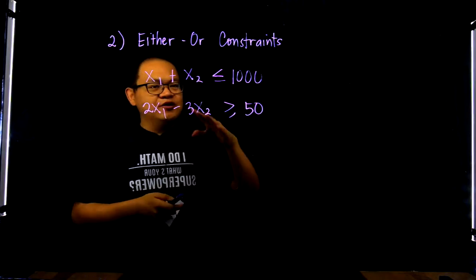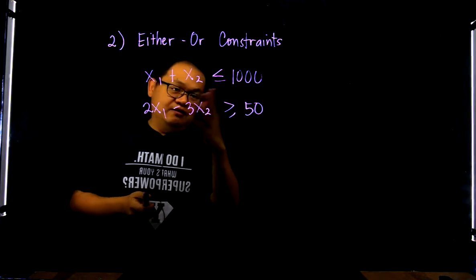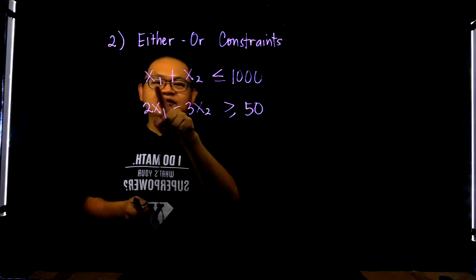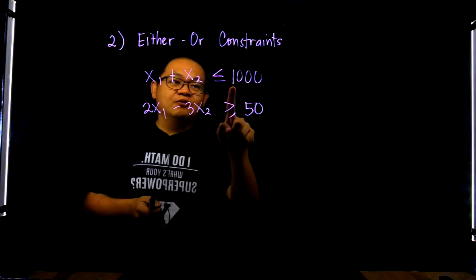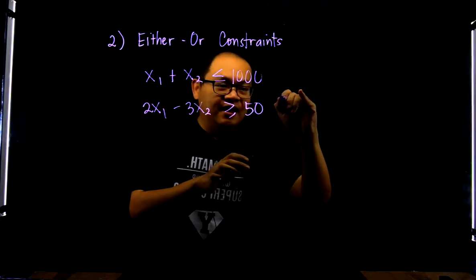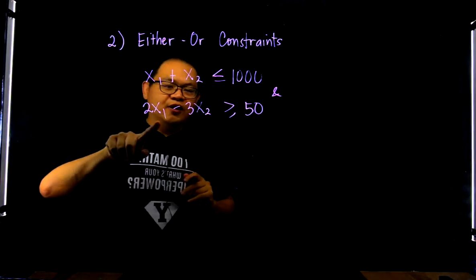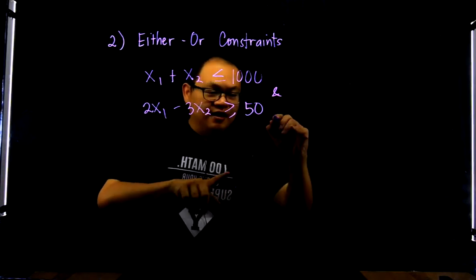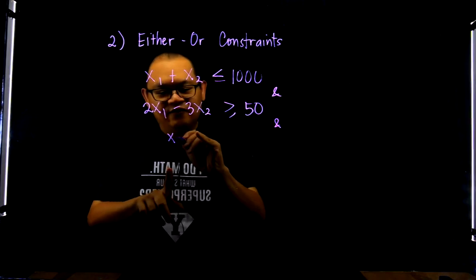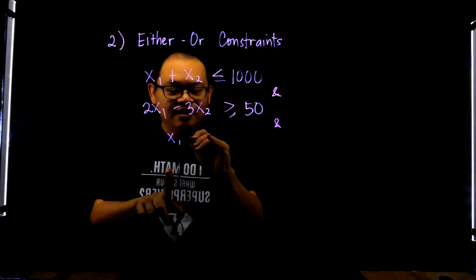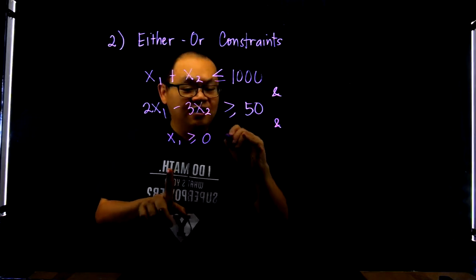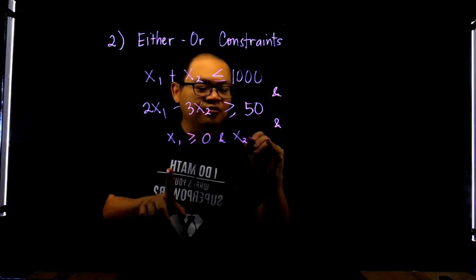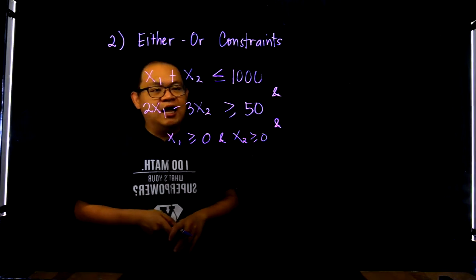Why? Because if you read these 2 constraints, you have x1 plus x2 less than or equal to 1000, and 2x1 minus 3x2 greater than or equal to 50. And let's say you have your non-negativity constraints: x1 greater than or equal to 0 and x2 greater than or equal to 0.